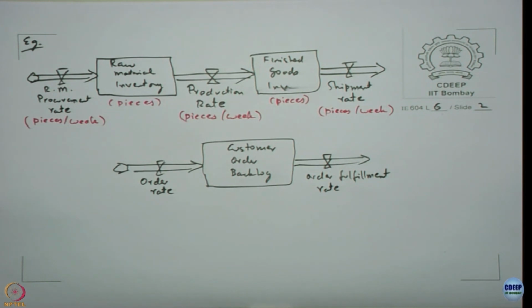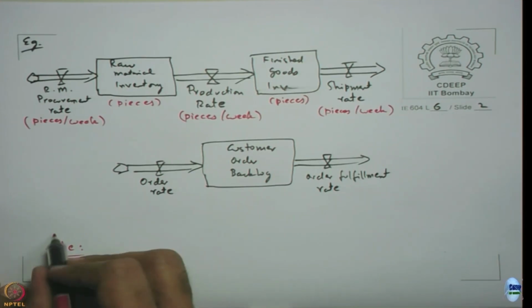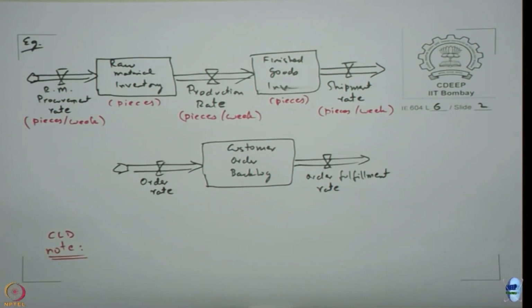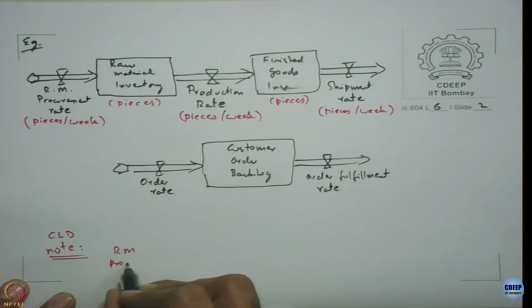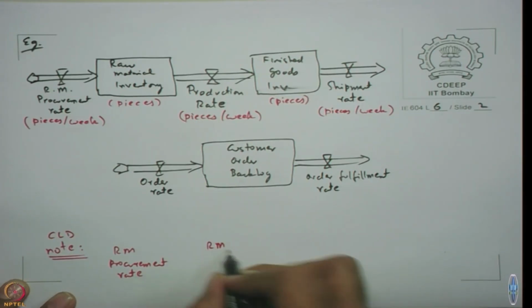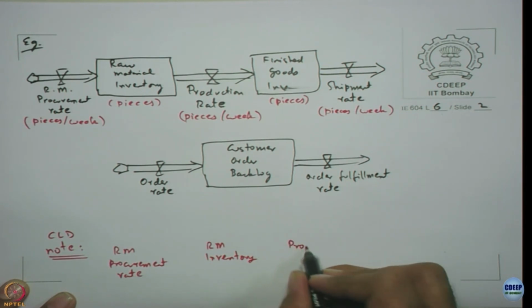Just a side note, let us call it CLD note. If the same thing I want to represent as a causal loop, the top part, how I will write it is like this: RM procurement rate, then let us call it raw material inventory, and let us call it production rate.